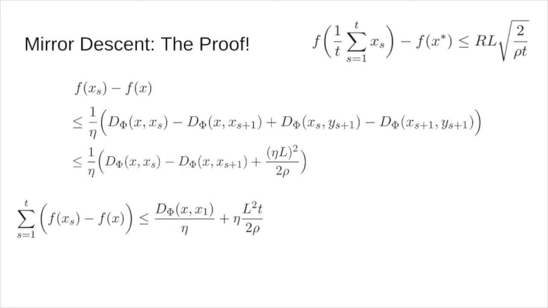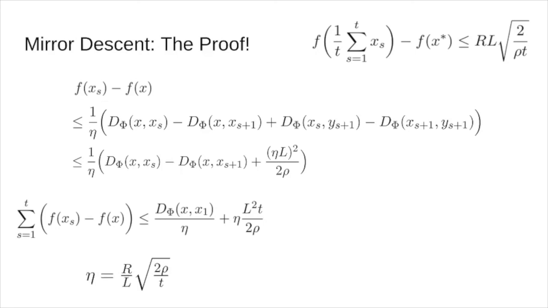But we can upper bound that by just, since Bregman divergence is always positive, dropping the subtracted term. So we're just left with this one Bregman divergence term and these problem-specific constants. The Bregman divergence term is related to that quantity R, which is like the maximum distance in mirror map space between your starting point and any other point.